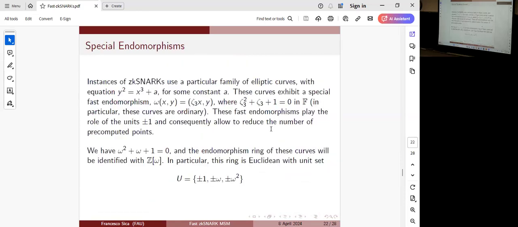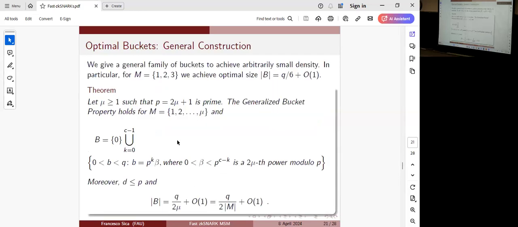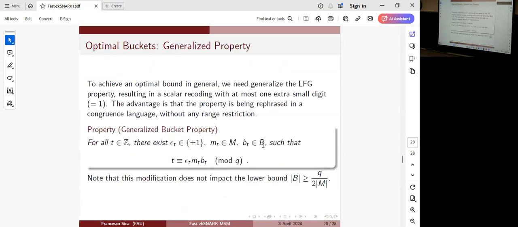Now, when I use a special endomorphism, if I can compute omega times p also on the fly, then I don't need to pre-compute it. I can just compute it on the fly, and I can make use of this fact to reduce my bucket size, a bit like was done here, where the bucket size was at most q over 2.